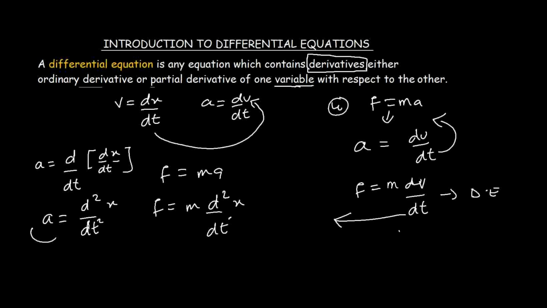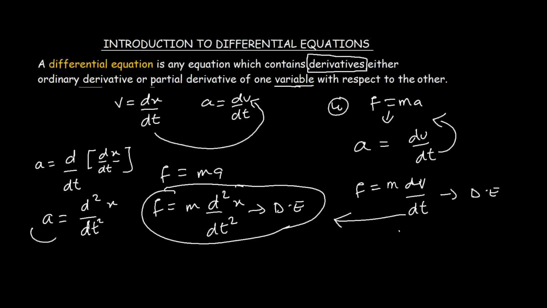This is also a differential equation because it contains the second derivative of x with respect to t. This is another form that we can express the equation for Newton's second law of motion. These two equations tell us that the equation for Newton's second law of motion is a differential equation.